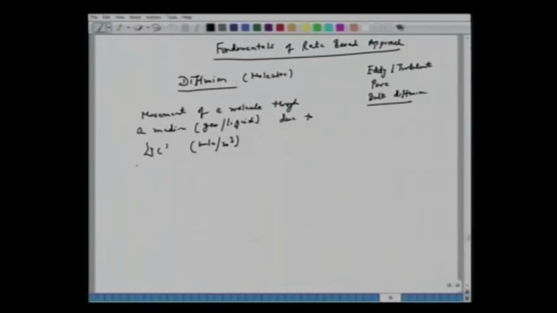So a molecule is moving or getting transported because of concentration difference here, moles per cubic meter, of course by virtue of its thermal energy. So we are saying that thermal energy is required for this movement of the molecule from one plane to another plane. That means the rate is going to be dependent on the temperature, right? We're talking of temperature here.